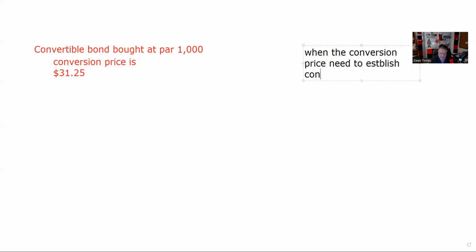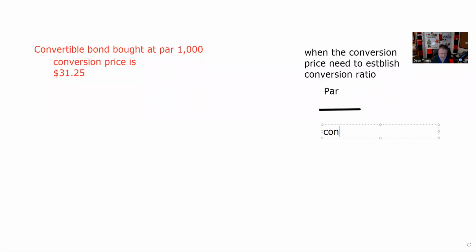We need to know how many shares we can turn this bond into. And as I said, those terms are based on par. So we're going to take par and divide by the conversion price, and that will establish the conversion ratio, and that's what we need.